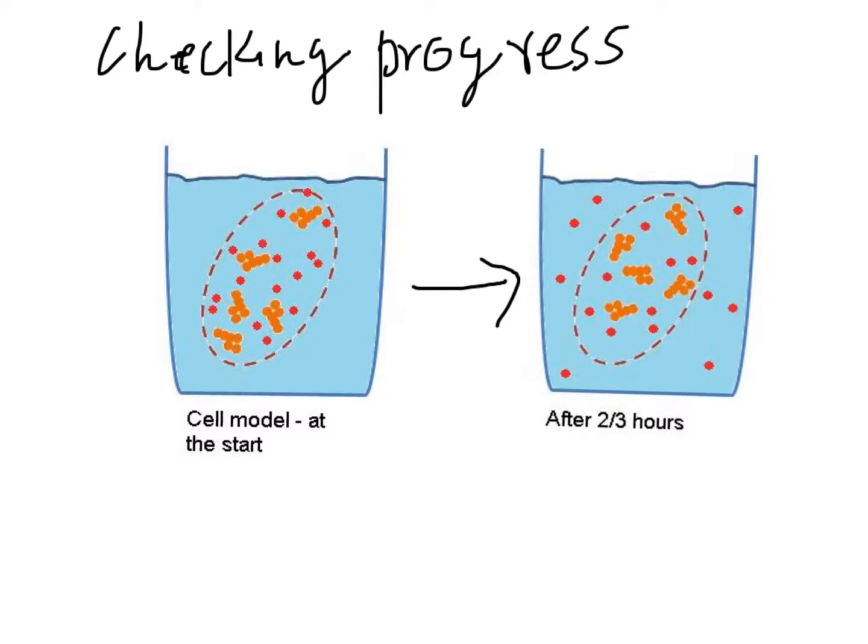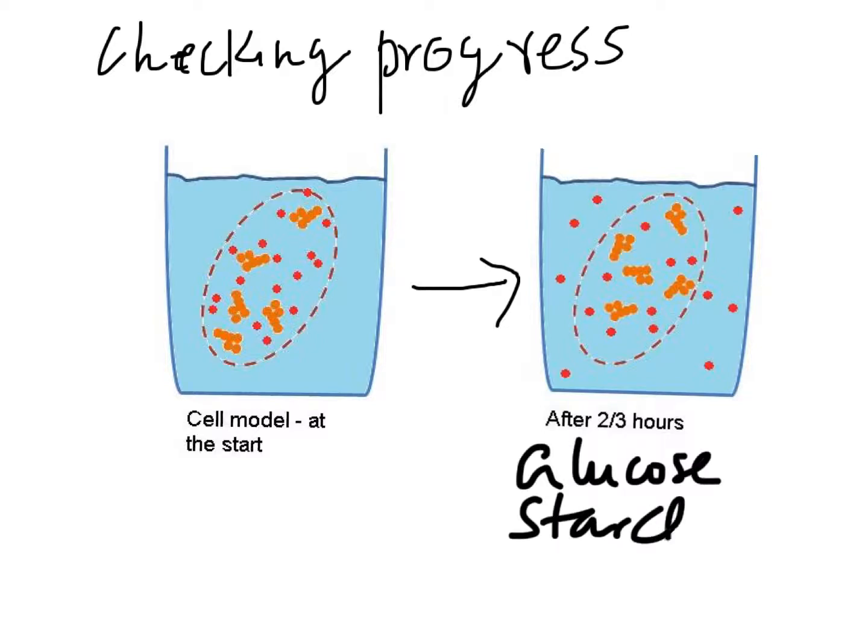This is a typical case of, say, glucose molecules compared with starch. If glucose is made in a plant cell, with the cell wall not shown for simplicity, and the smaller molecules are glucose and the bigger molecules are starch, then you can see the glucose being able to diffuse out of the cell membrane and starch not being able to.